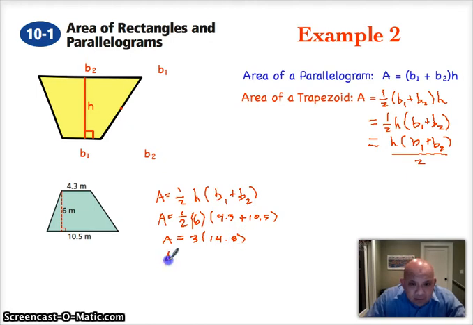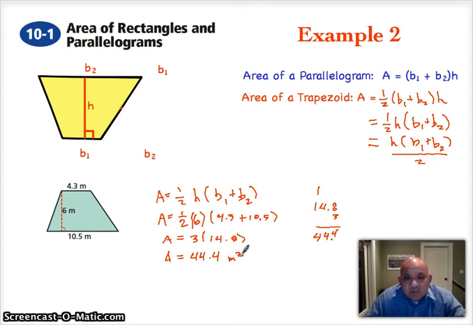Which leads me to multiply 14.8 times 3. Wow, pretty cool. It's 44.4 meters squared.